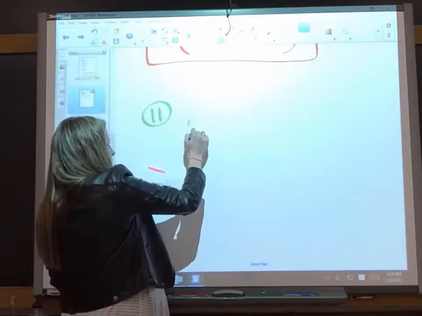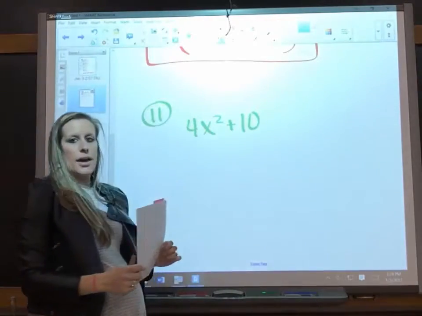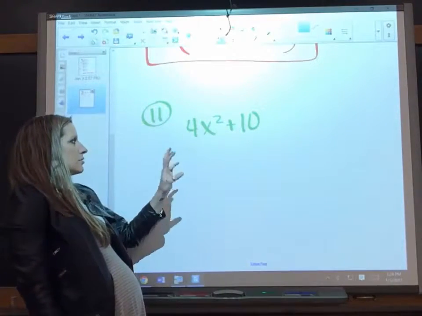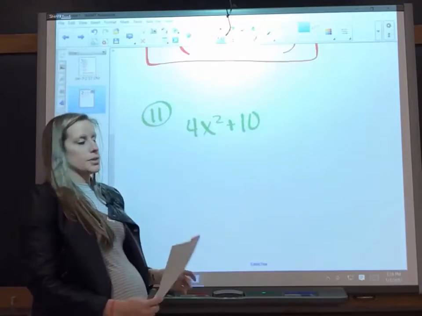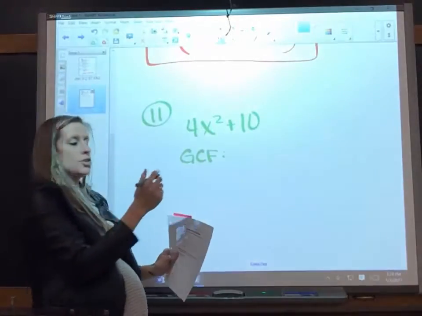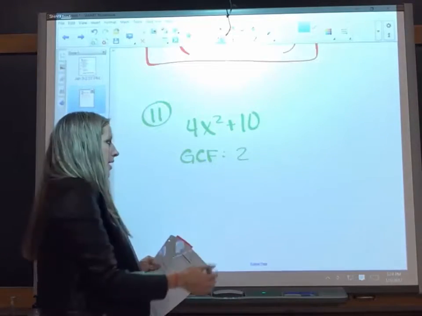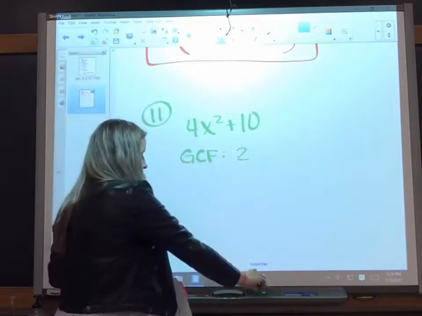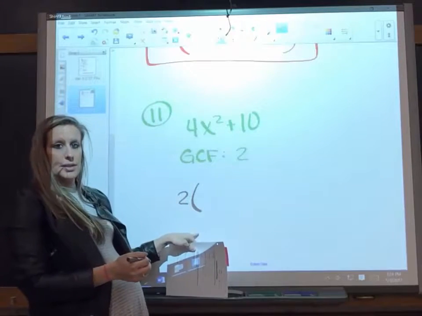Okay, that second example, we have 4x squared plus 10. So ask yourself, do they have anything in common? Is there a number that'll go into both terms? And there is. 2 goes into 4 and 10. So we're going to take a 2 out of each term. I'm going to put a 2 outside the parentheses.